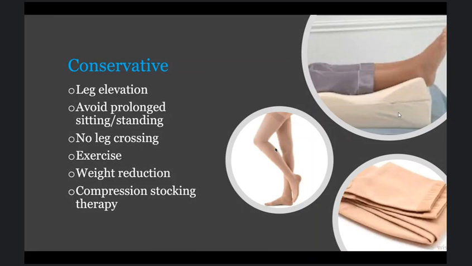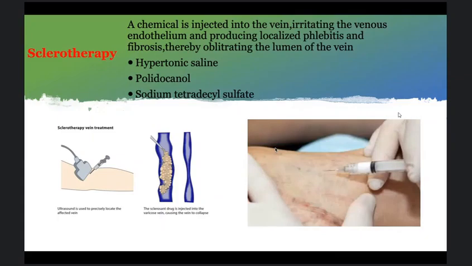Sclerotherapy. In sclerotherapy, a chemical agent is injected into the veins. This agent will irritate the venous endothelium and produce localized phlebitis and fibrosis, thus obliterating the lumen of the vein. Many types of sclerosing agent we use in practice, like hypertonic saline, polidocanol, or sodium tetradecyl sulfate.